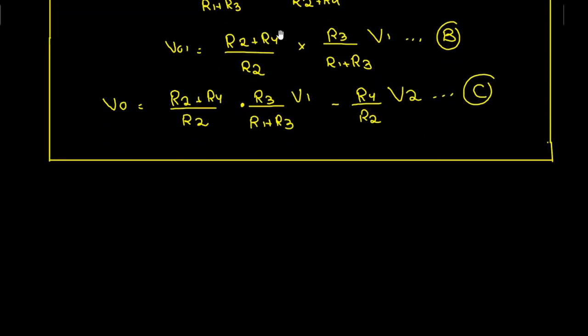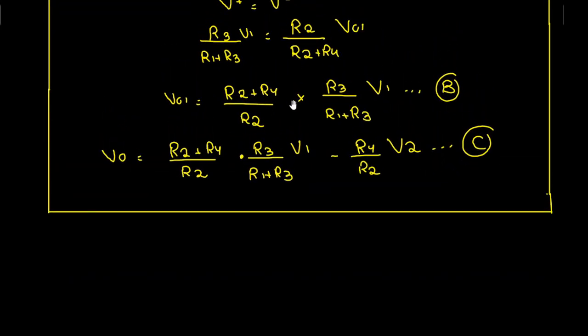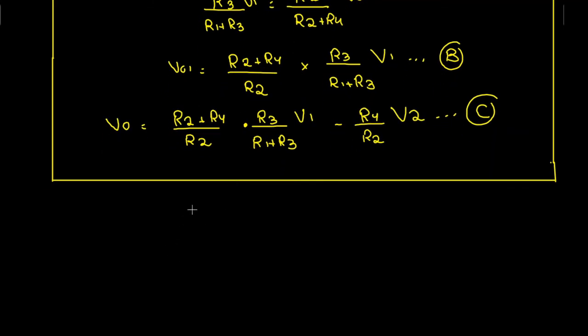Now if you want to subtract the two voltages, we can make an assumption: we are going to assume that R2 is equal to R4 and R1 is equal to R3.